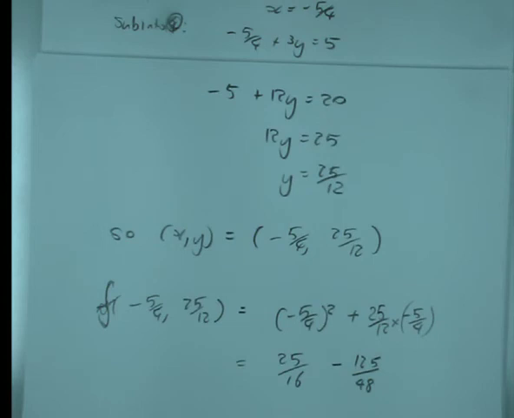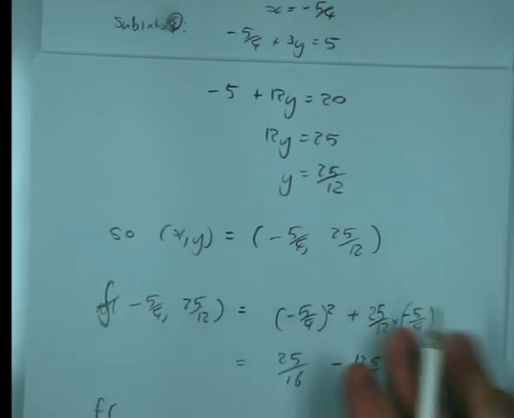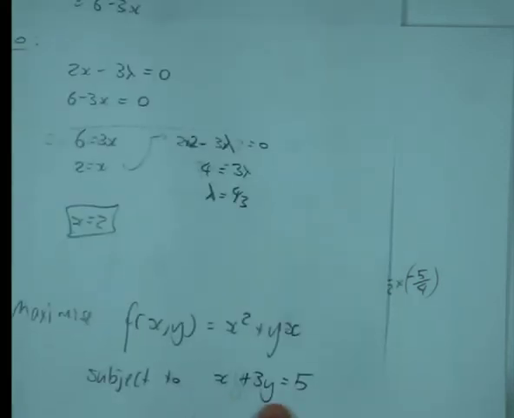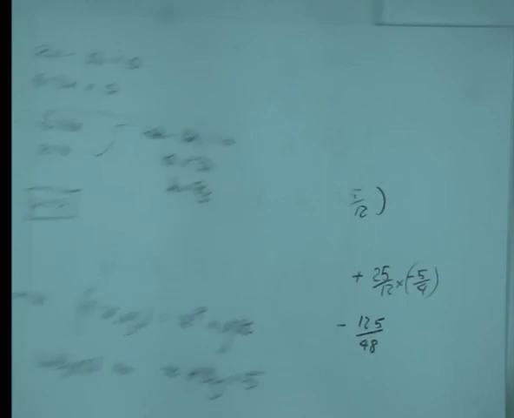No clue really, I'd have to ask a calculator that one off the top of my head. Someone could calculate that, that'd be great. That doesn't matter really. If I pick any other point, is that positive or negative? Negative. Okay. If I pick any other point that actually satisfies the constraint, so if I go back to my constraint, I've got x plus 3y is 5. So I could put x is 5 and y is 0, and that satisfies the constraint.